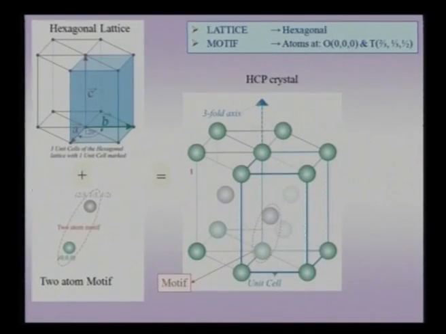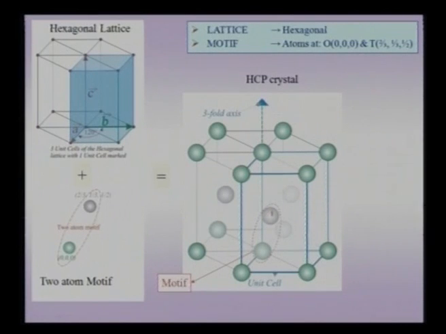These are a couple of questions we can ask, but before we do that, we note that the lattice is hexagonal, and the motif is an atom at 0 0 0 and also another atom located at 2/3 along the A1 axis, 1/3 along the A2 axis, and half along the C axis. This additional atom goes part of the motif and is not part of the lattice itself.